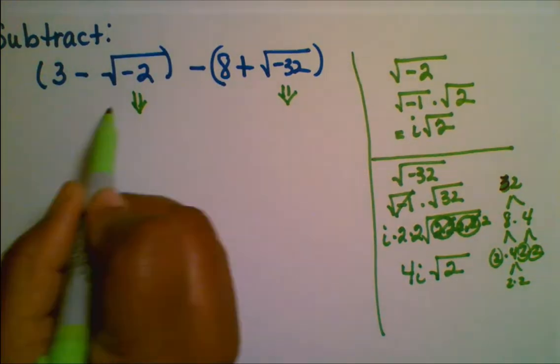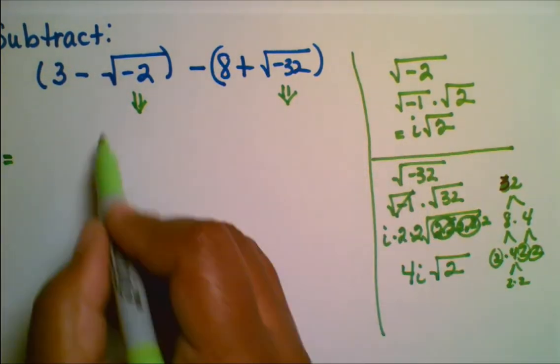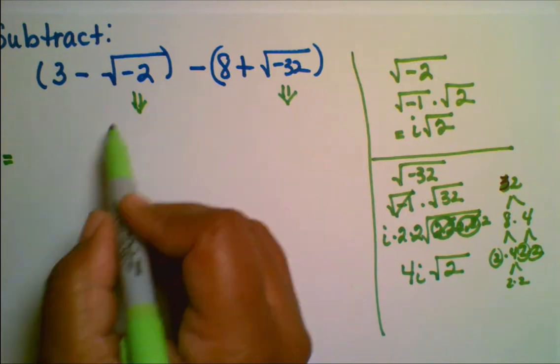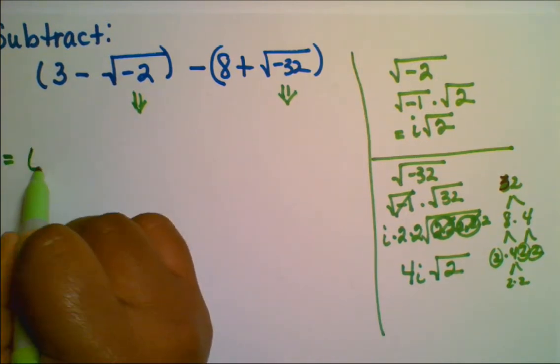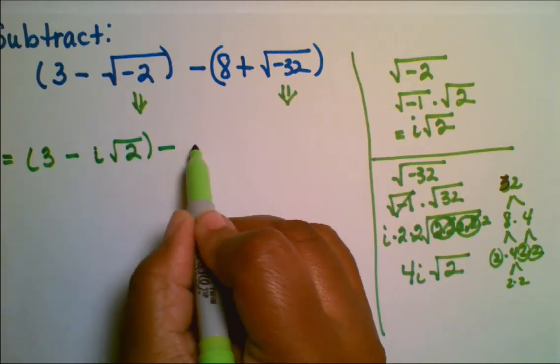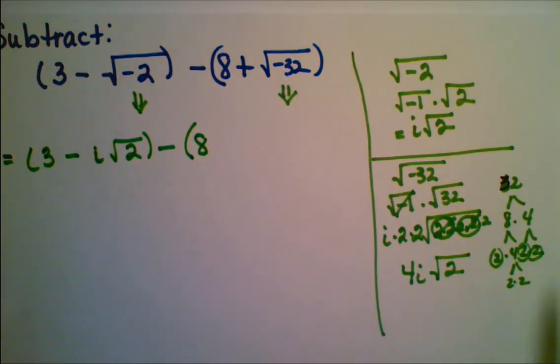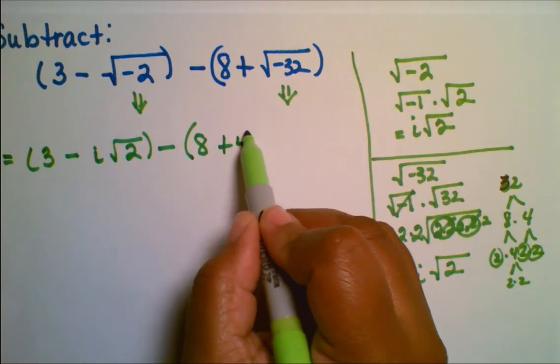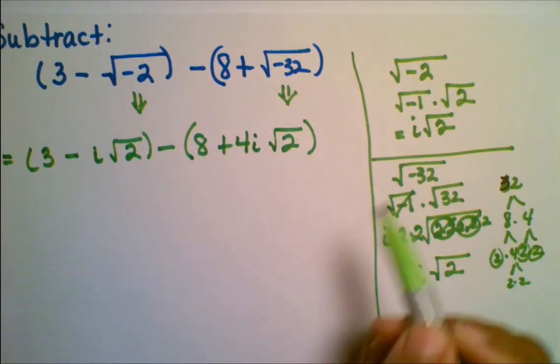So here we go. Let's rewrite this part with the new simplified version of the square root of the negative numbers. We have 3 minus i square root of 2 minus 8 plus 4i square root of 2.